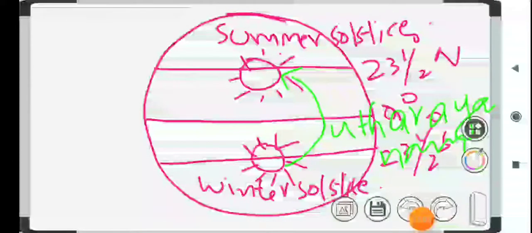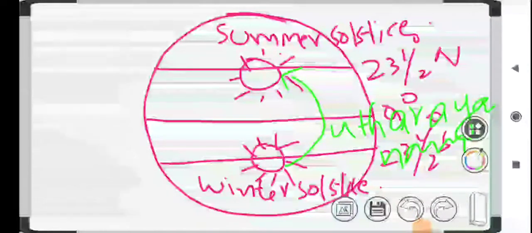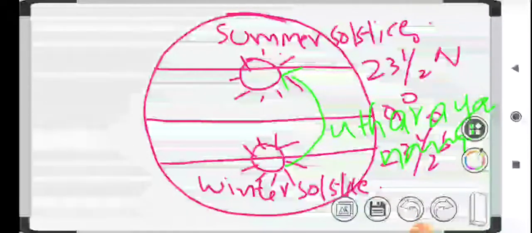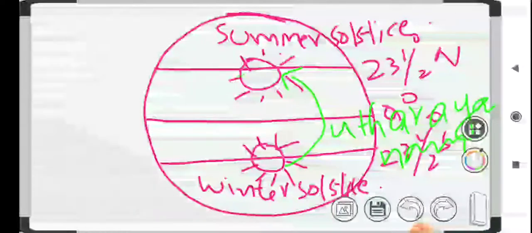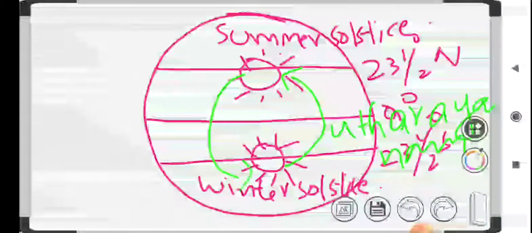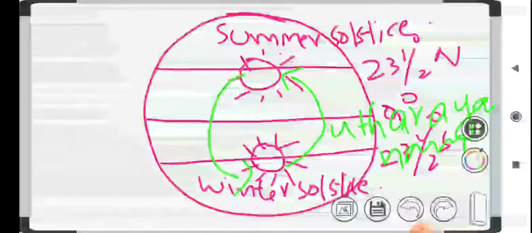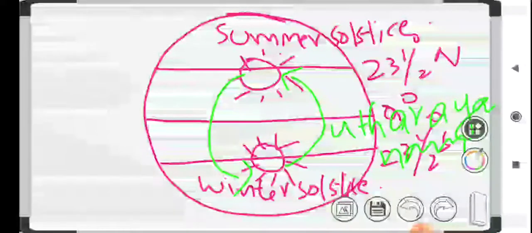Now, following the summer solstice, the sun starts its southward movement from the Tropic of Cancer to Tropic of Capricorn, from June 21 to December 22.